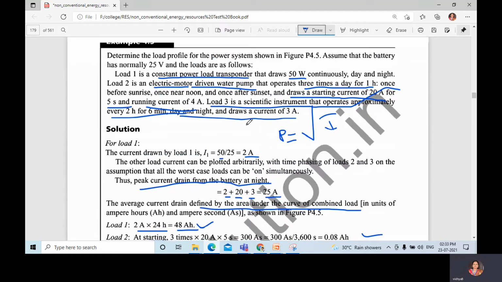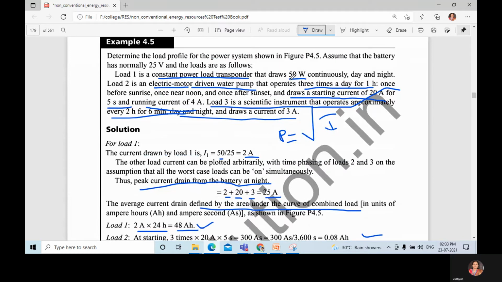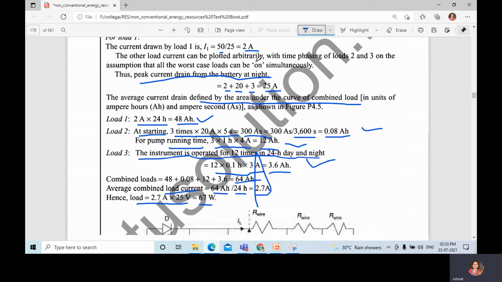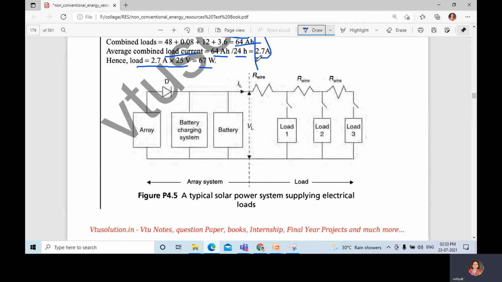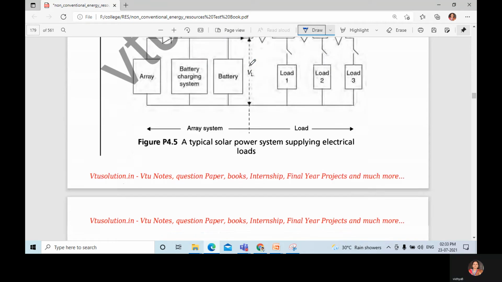Here the load profile for the power system, that is how much load is there: total overall 67 watt, that is the load from the 3 loads.